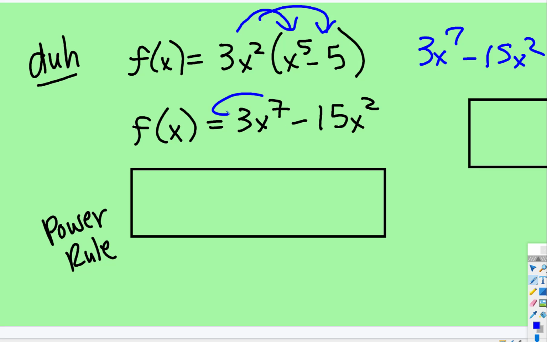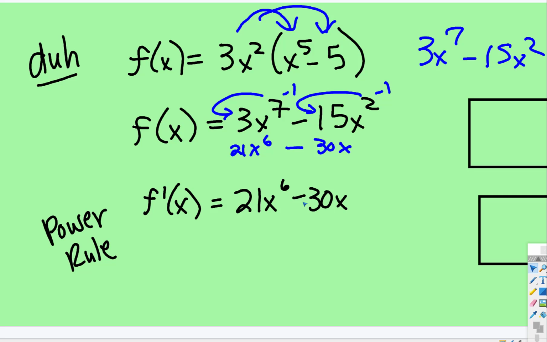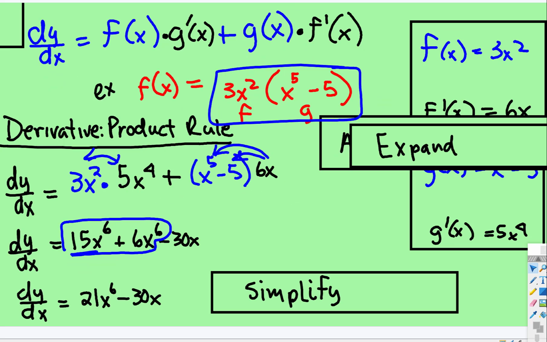So this 7 comes down in front, leaving 21x, and then 7 subtract 1, 21x to the sixth. This 2 comes around in front, 30x, 2 subtract 1 is 1, so we don't have to put it. So 21x to the sixth subtract 30x. And that's what our answer was here.